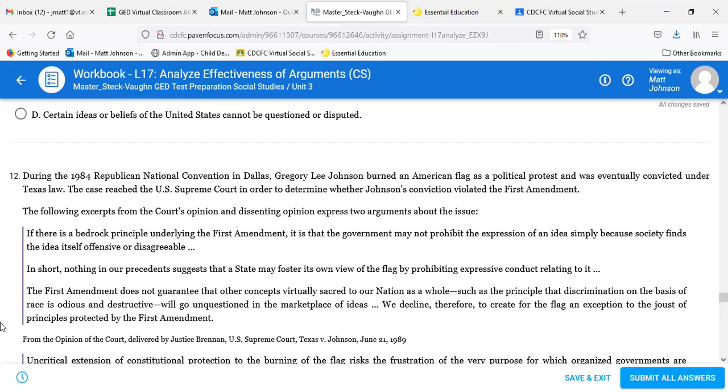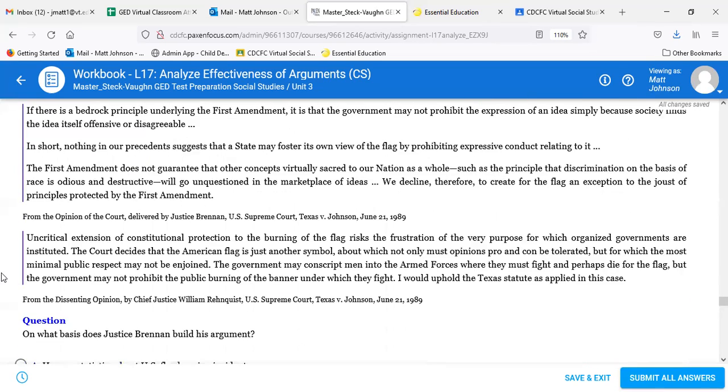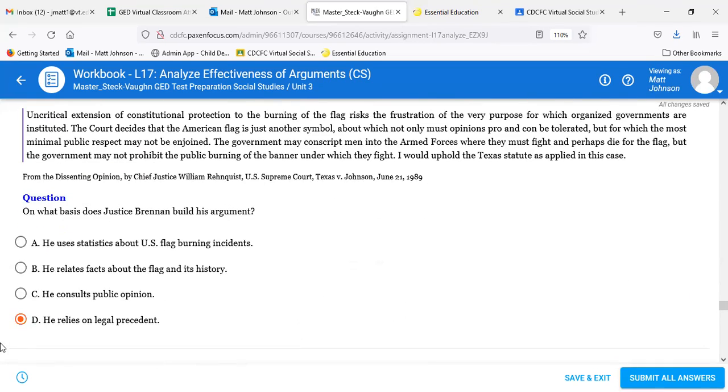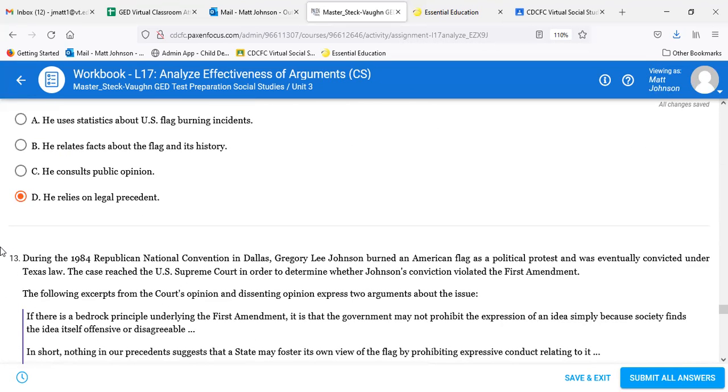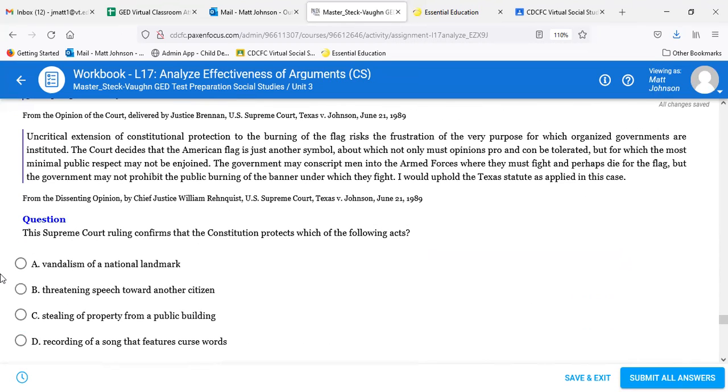But here, he says there's no former precedent set to maintain this idea that we protect the flag from damage. There's nothing in our courts that has decided this prior. So D as in dog for 12, and 13. Grace, will you read number 13 for us?